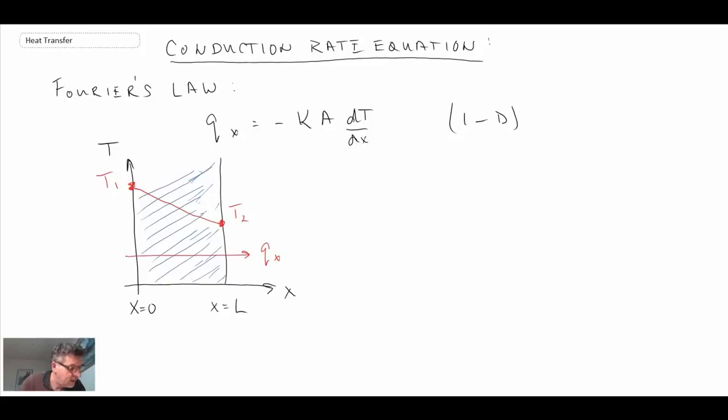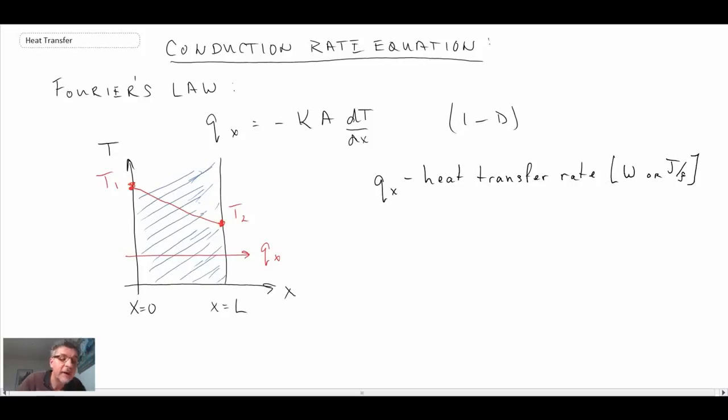And we will take a look at the different terms in Fourier's law. We have Qx. That's referred to as the heat transfer rate, and that could be in watts or joules per second. We already talked about that in an earlier segment.